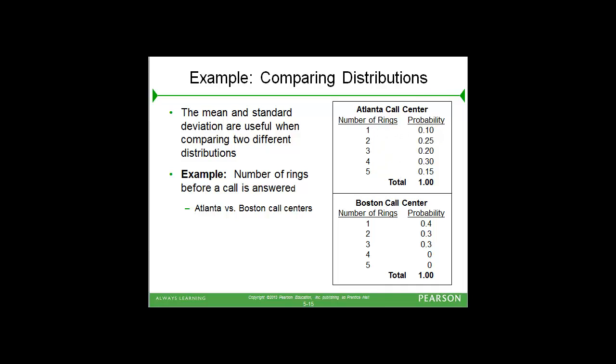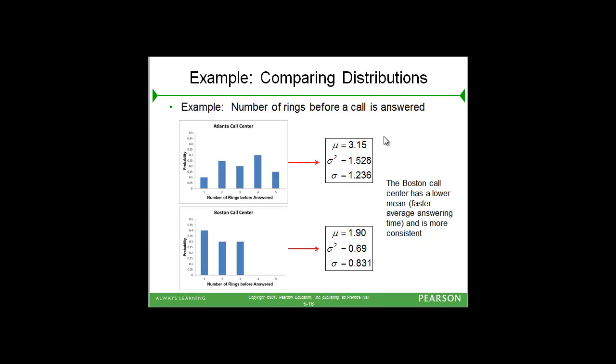After calculating the mean and the standard deviation for each center, we got the result. The mean for the Atlanta call center is 3.15 and the standard deviation sigma is 1.2, and the mean is 1.9 and sigma, the standard deviation, is 0.8 for the Boston call center.